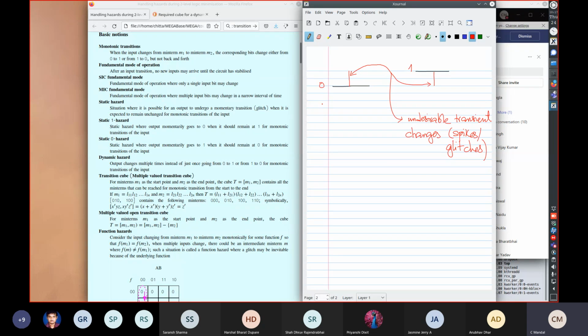So this is called a static zero hazard, and this is called a static 1 hazard. Why?